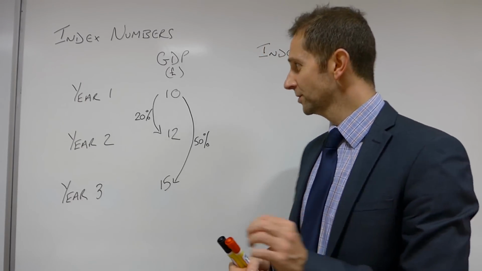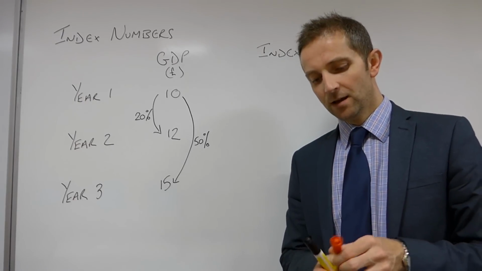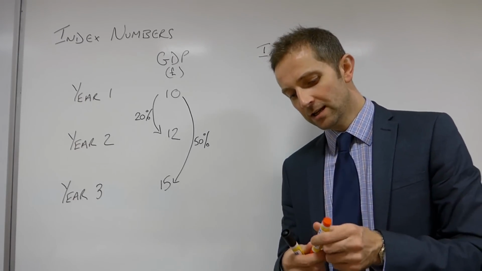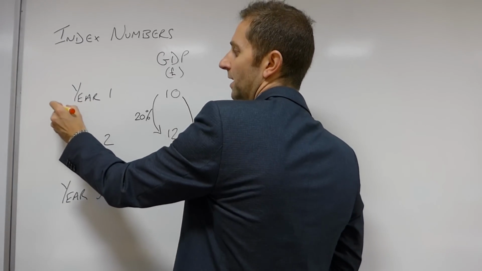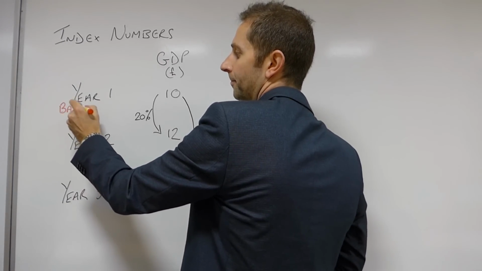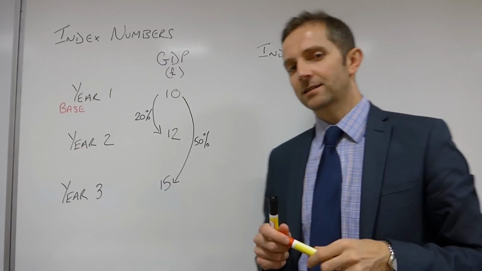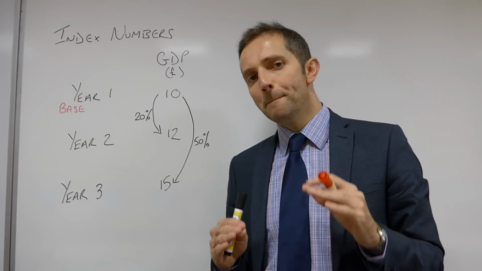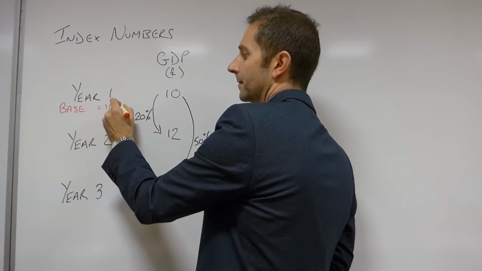So how do we convert what we've got here into an index? As I've previously mentioned, all index numbers start with a base year, and I'm going to call the base year year 1. And the key thing about the base year is that the base year number is always equal to 100.